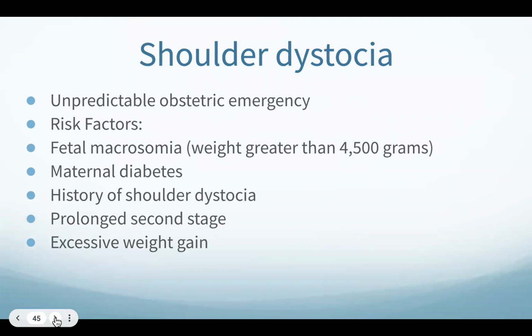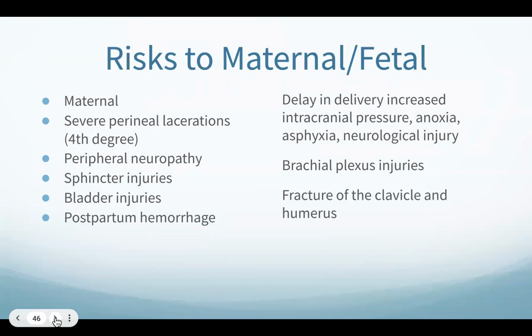Shoulder dystocia is an obstetrical emergency. Risk factors are these large babies, gestational diabetes, history of shoulder dystocia in the past, prolonged second stage, and excessive weight gain. Mom and baby risks: maternal severe perineal lacerations. You'll see they'll have like a 4th degree.